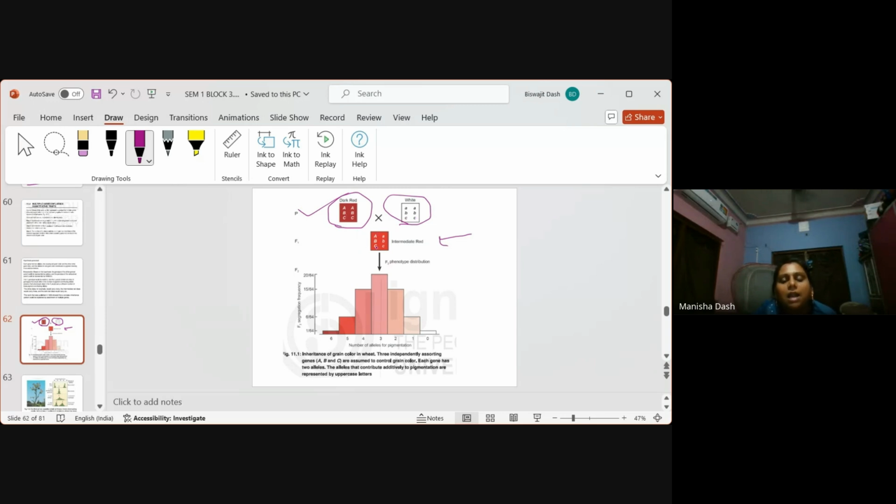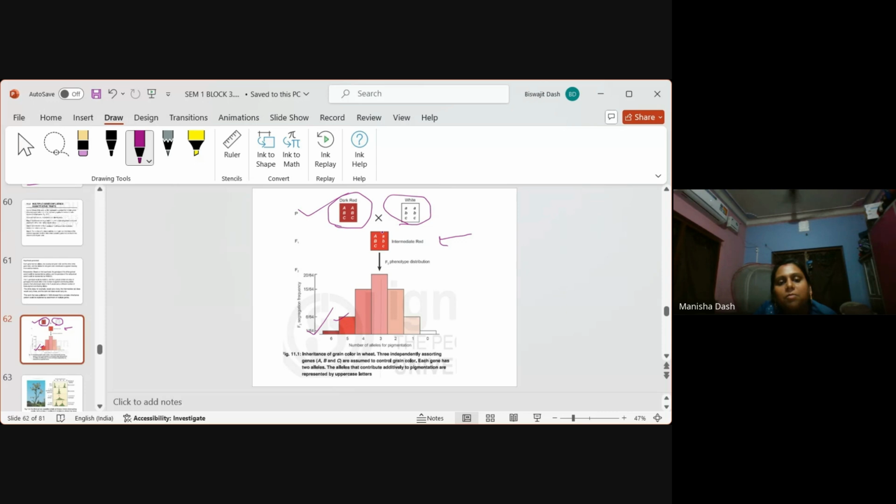As you will have different combinations of genotypes, you can have a series of colors like this. Maybe somewhere the number of dominant genes will be 3, somewhere 4, somewhere 5. If the number of dominant genes is 6, it will be darkest. If the number of dominant genes is 5, it will be a little bit dark red.